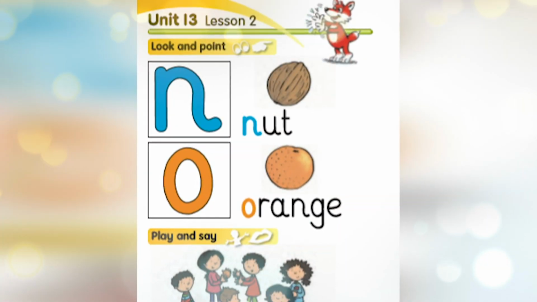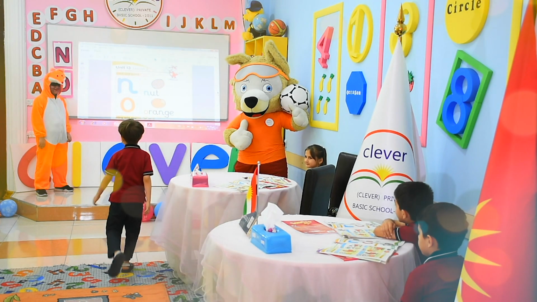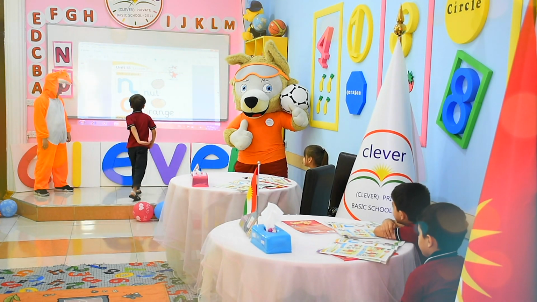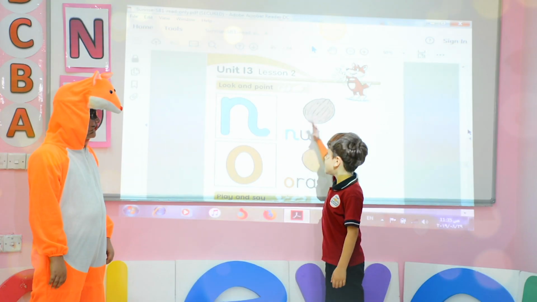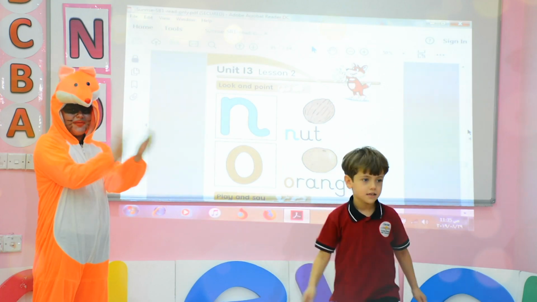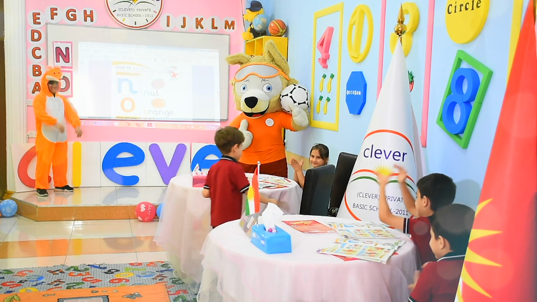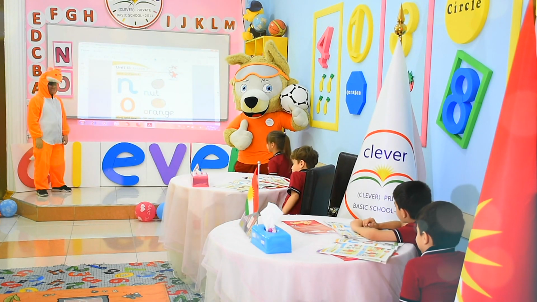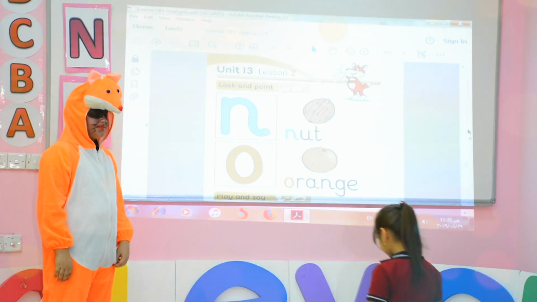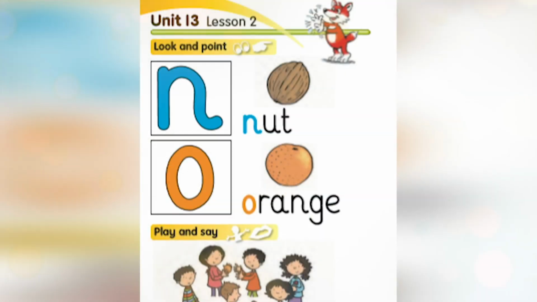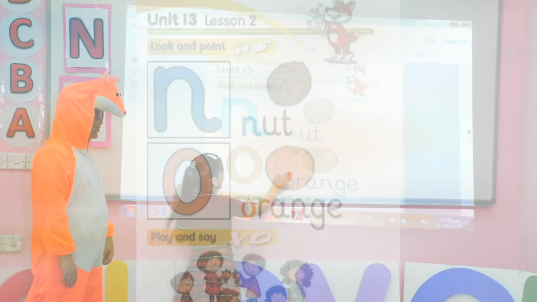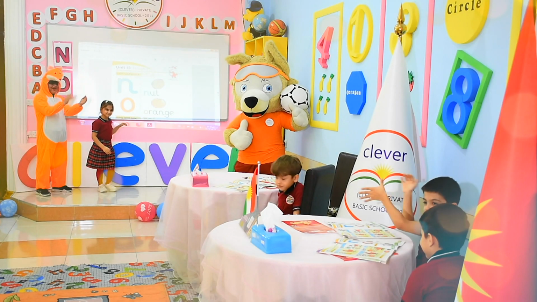Come here, Zania. Very good, clap. Come here, Rosa. A, B, C, D, E, F, G. Very good, clap.